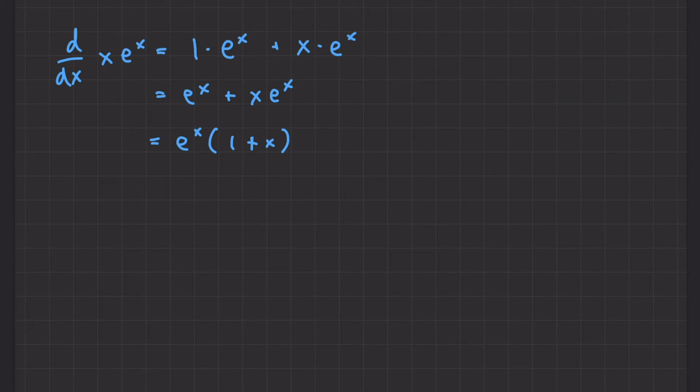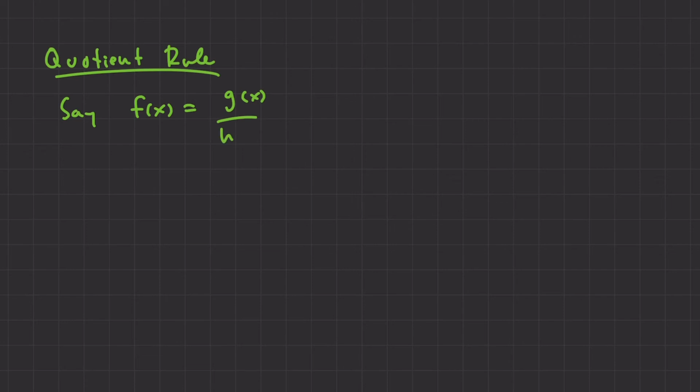Okay, I'm going to quickly show you the quotient rule. It'd be good for our purposes. The quotient rule looks something like this. The quotient rule says that if we say that f of x is equal to g of x divided by h of x, so if I want to take the derivative of the quotient of two functions, one function divided by another, well, there's a rule for that.